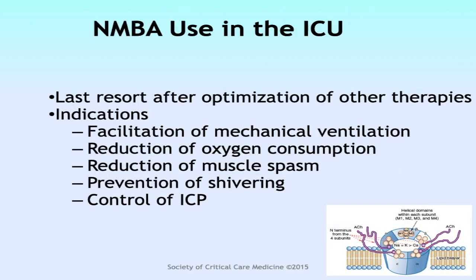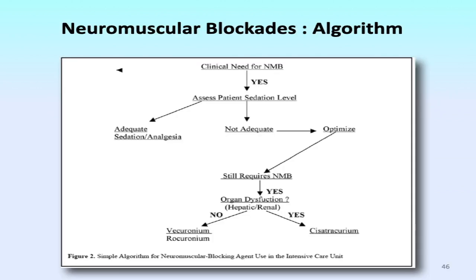Now we can talk about the neuromuscular blocking agents used in the ICU, which are a last resort after optimizing other therapies. Indications are usually to facilitate mechanical ventilation, reduce oxygen consumption, reduce muscle spasms, prevent shivering, or control ICP. And this is the algorithm for blockade: usually we have your patients assessed for sedation and pain.